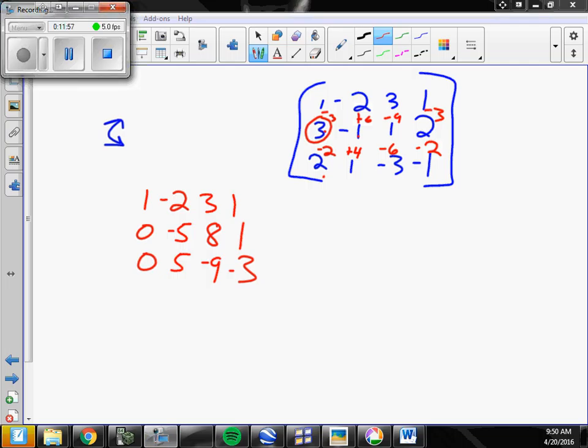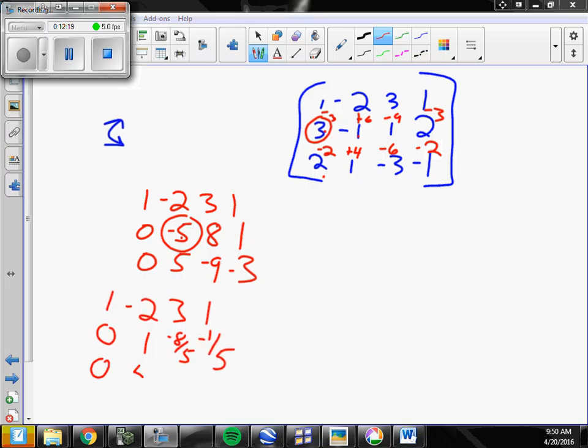So I need a 1 right here. I'm going to divide by -5. It's not going to be nice. So 1, -2, 3, 1, 0. -5 divided by -5 is 1. And then I get -8/5 and -1/5.